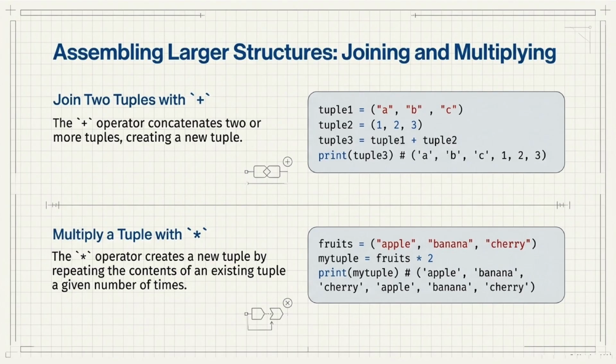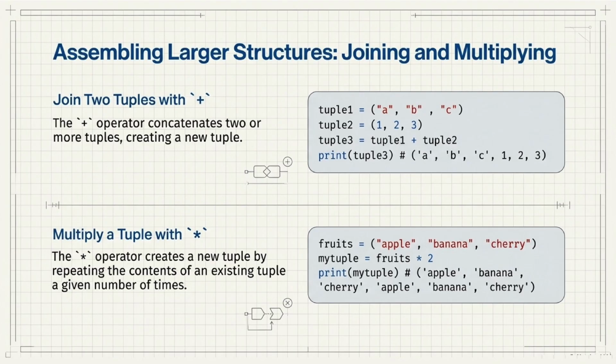Another useful operation is multiplying a tuple with the asterisk operator. Tuple multiplication creates a new tuple by repeating the contents of an existing tuple a specified number of times. For instance, given apple, banana, and cherry in fruits, multiplying it by 2 results in a new tuple: apple, banana, cherry, and again apple, banana, and cherry.